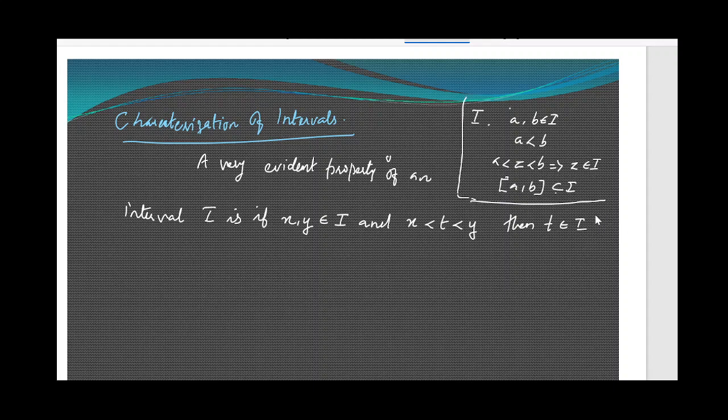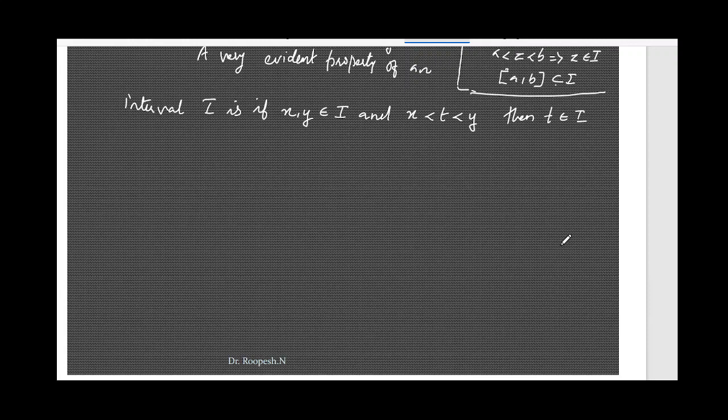This is the evident property. Now we will use this as the characterization of an interval. That is, if any set has this property, then that set reduces to an interval.